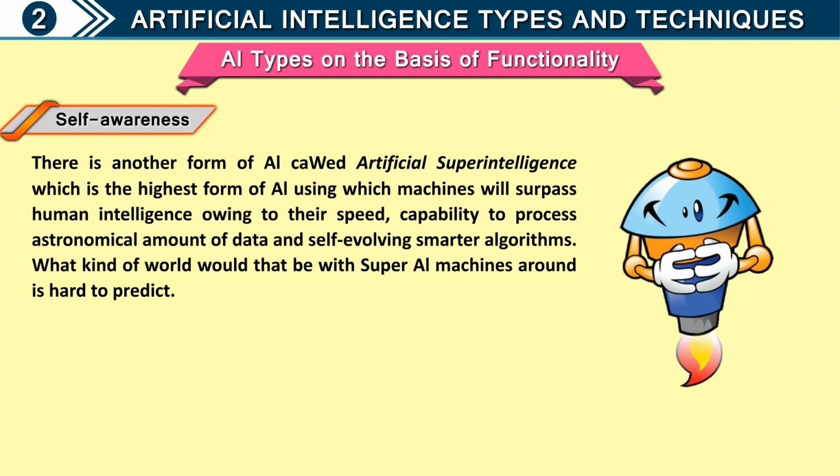There is another form of AI called artificial superintelligence, which is the highest form of AI, using which machines will surpass human intelligence owing to their speed, capability to process astronomical amounts of data, and self-evolving smarter algorithms. What kind of world that would be with super AI machines around is hard to predict.